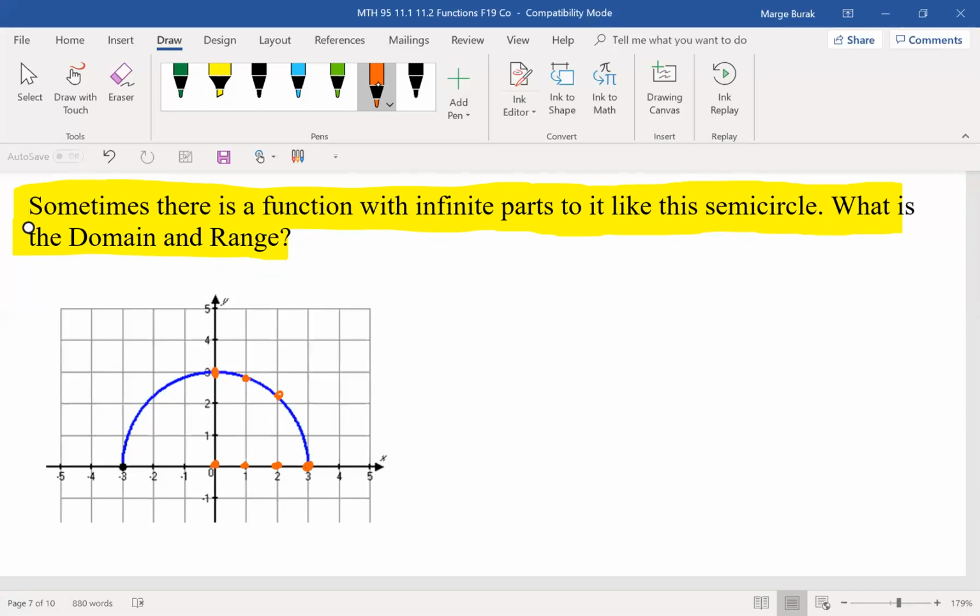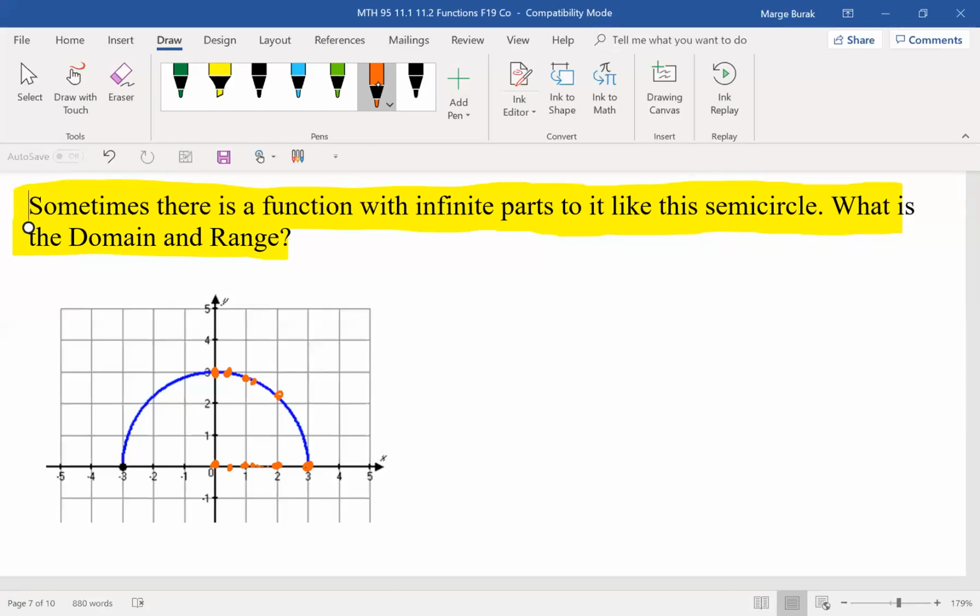But there's also x equal to 0.5, and there's a value on the range. And if the domain is 1.1, then we have a range. We have a piece to that function. There are infinite little pieces in between 1 and 2. There are infinite numbers, 1.11, 1.111, 1.131, 1.999999.